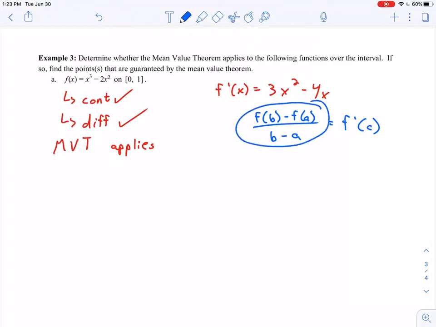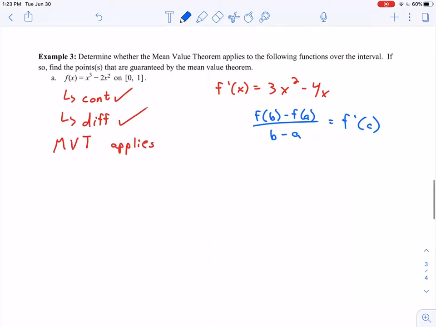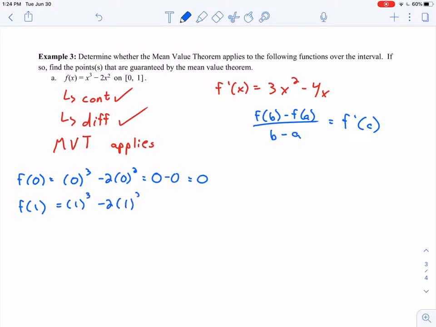First I need to find the average rate of change. Over here I'm going to look at f of 0. This will be 0 to the third minus 2 times 0 squared. 0 minus 0 gives me 0. And f of 1, this is 1 to the third power minus 2 times 1 squared.